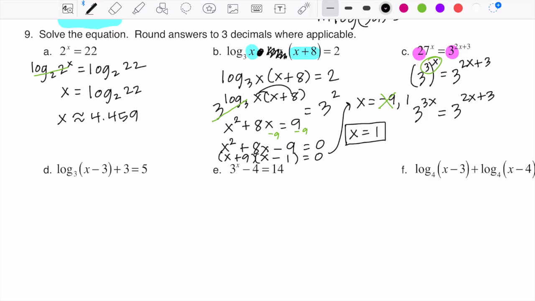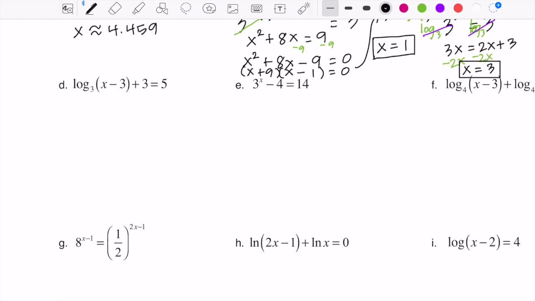And now that they both have a base of 3, I'm going to take a logarithm of both sides. And that logarithm is going to undo the exponentials, and I'm just left with 3x equals 2x plus 3. Do the math on that, and I get x equals 3. I do not need to check for extraneous solutions because the original problem is an exponential, not a logarithm.